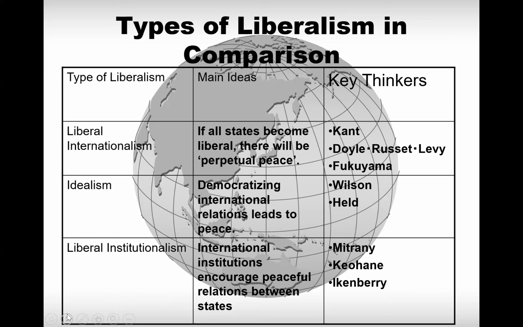So if we look at liberal internationalism, the main argument is that if all states become liberal, there will be perpetual peace, meaning everlasting peace. So the focus is on the unit, on the character of the state.